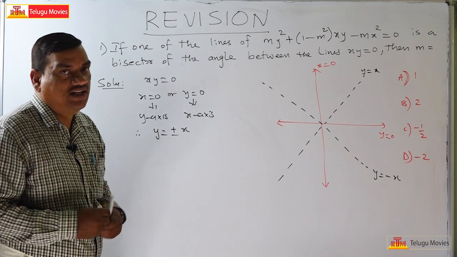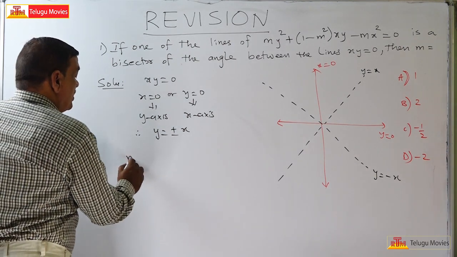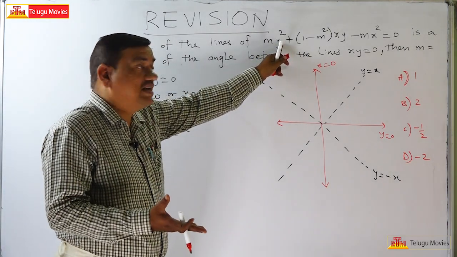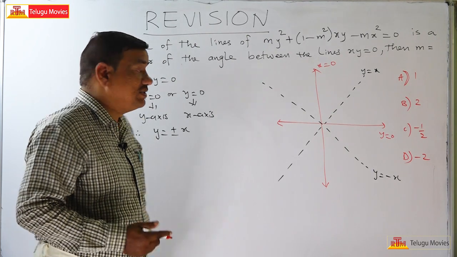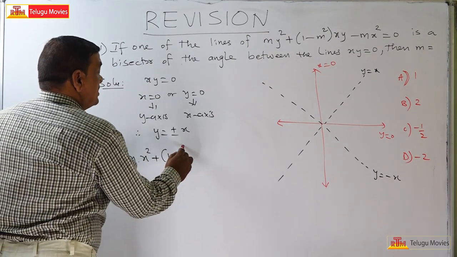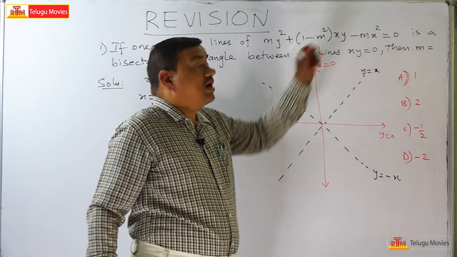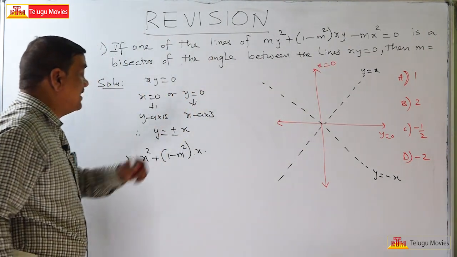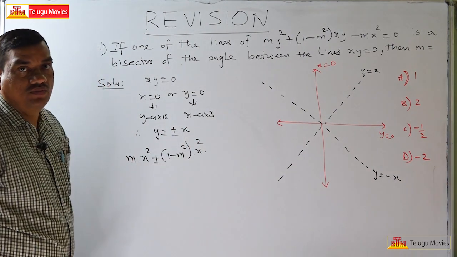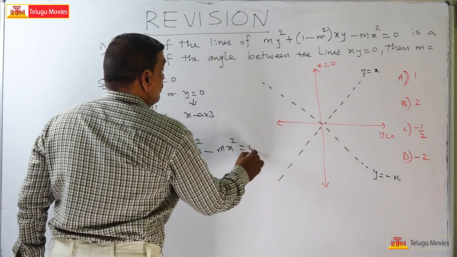So in place of y, substitute plus or minus x: m x square plus 1 minus m square into x into plus or minus x, which gives x square, minus mx square is equal to 0.